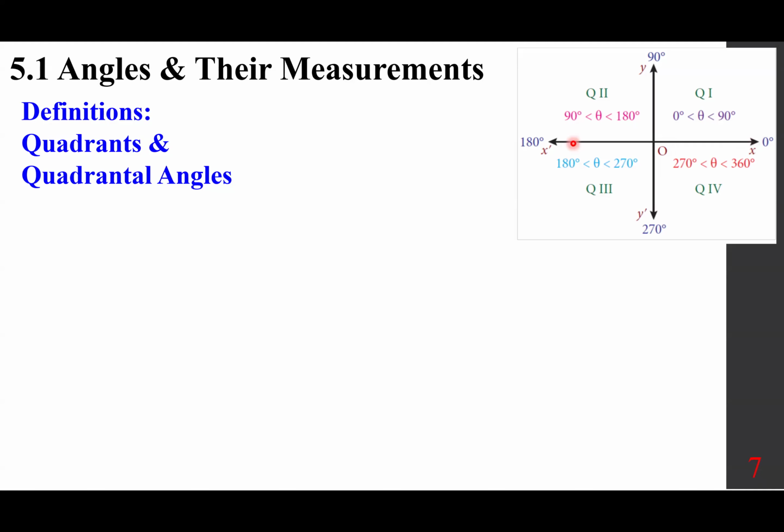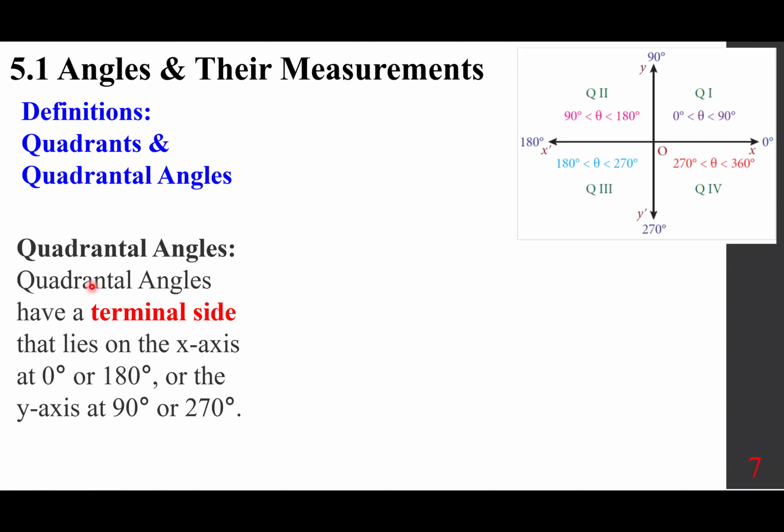On the x-axis, positive or negative, on the y-axis, positive or negative, those are considered quadrantal angles. Quadrantal angles have a terminal side that lies on the x-axis at 0 degrees or 180 degrees, or the y-axis at 90 degrees or 270 degrees.